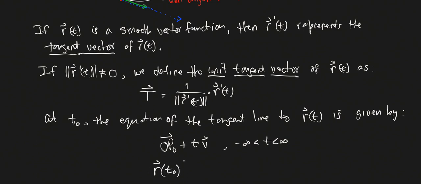So this is my position vector plus t times, well, what is my direction vector? That's my r prime, so times r prime of t0, right? So this essentially puts me on the curve, and then taking all the possible scalar multiples of the derivative vector makes sure that my tangent line is moving in the appropriate direction, right?